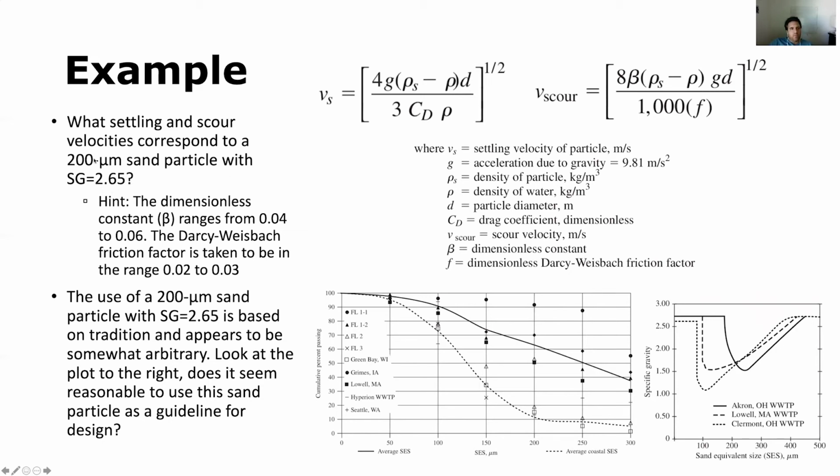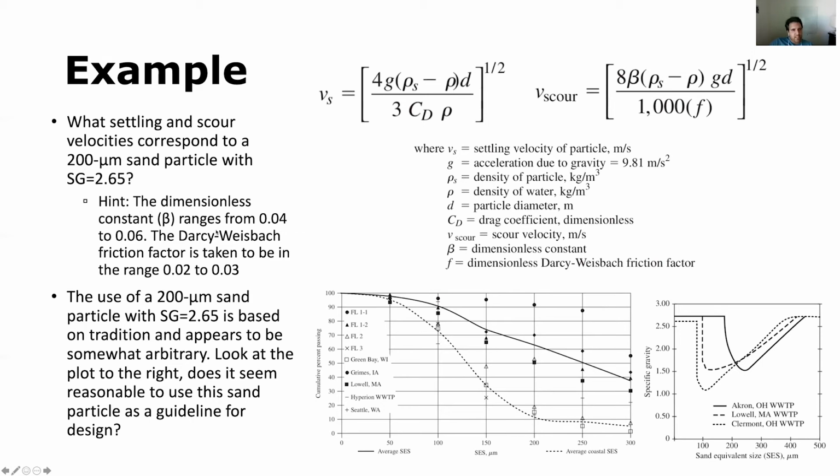All right, so let's assume that our 200 micron sand particle has this specific gravity. Of course, we know that in general, 200 micron particles in real systems tend to have slightly lower specific gravity. But let's start by assuming 2.65.